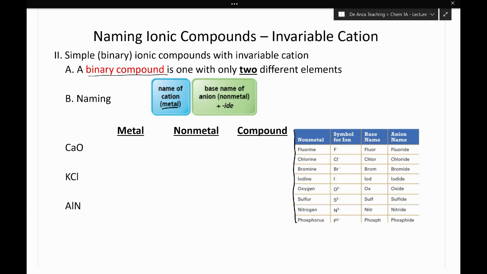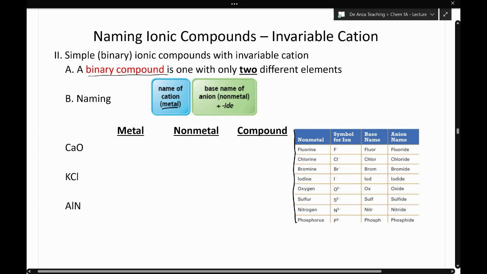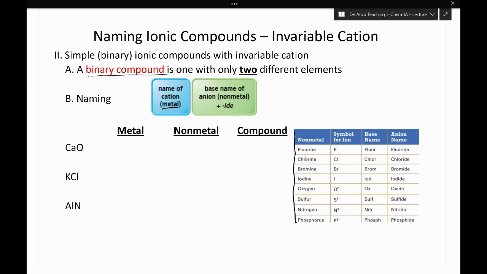What we'll see is that we're going to largely take the INE or the GEN off a lot of these different compounds and substitute it out for IDE. If we look at this one that has calcium and oxygen, we can write our metal as calcium and our nonmetal as oxygen. Let's do that for each of the other ones.